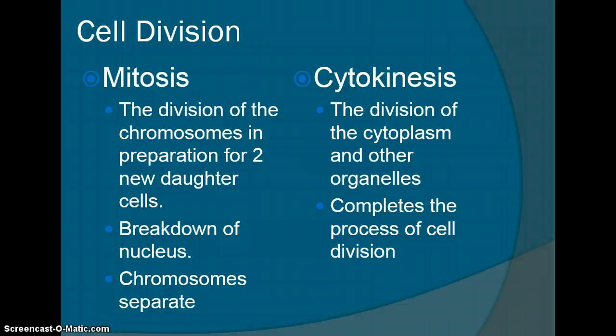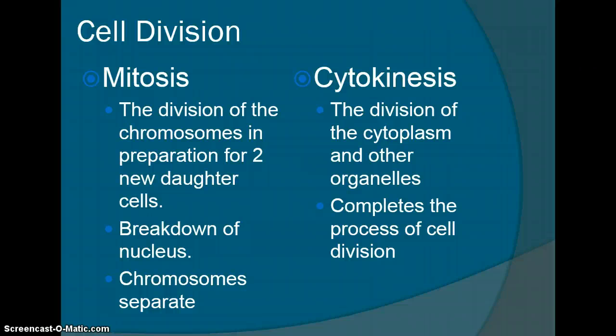So we go then into cell division with mitosis and cytokinesis. Mitosis is the division of chromosomes in preparation for two new daughter cells: the nucleus breaks down and the chromosomes separate. Those are part of the components of mitosis.